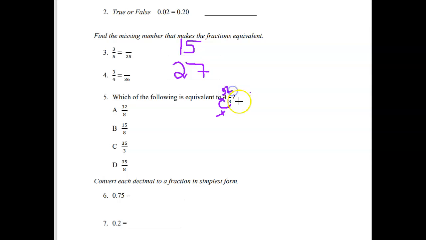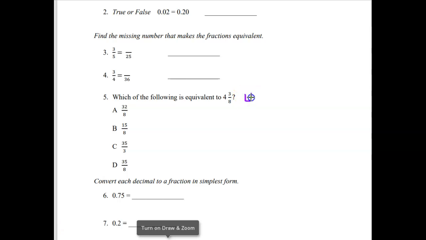32. And then you add whatever your answer is there to that top number. So 4 times 8 is 32. And then you have to add the top number. And 32 plus 3 is 35.